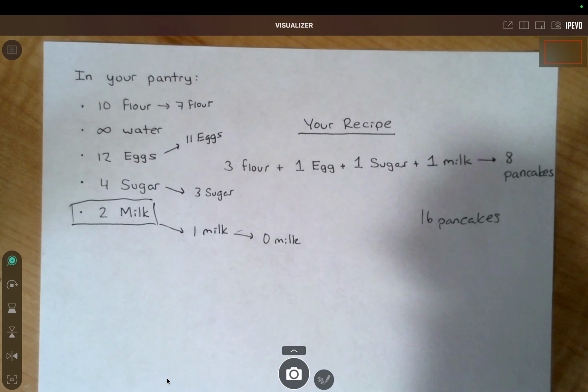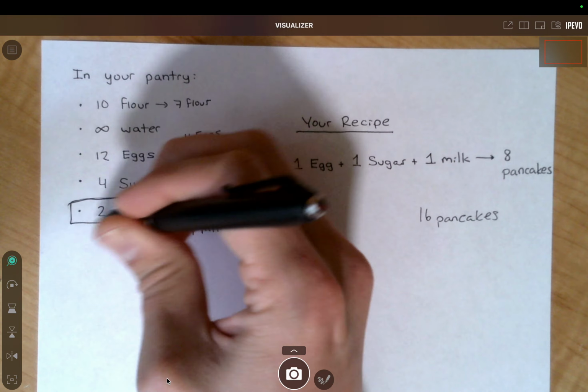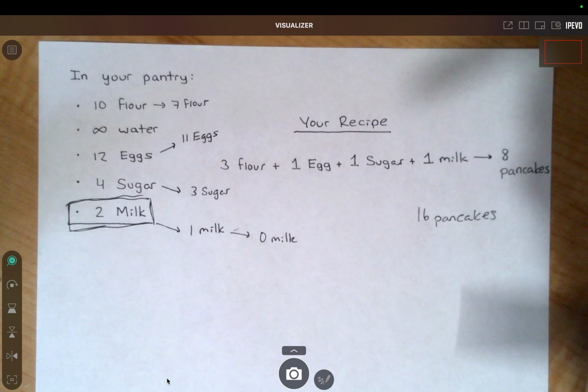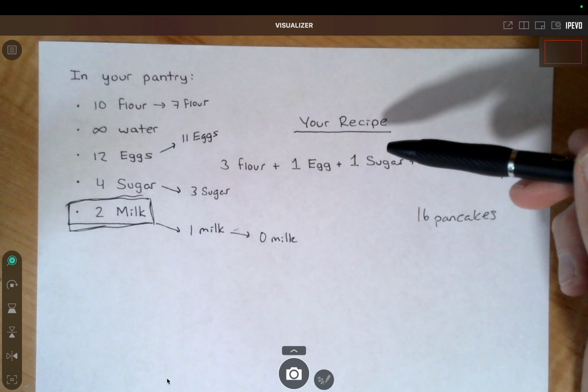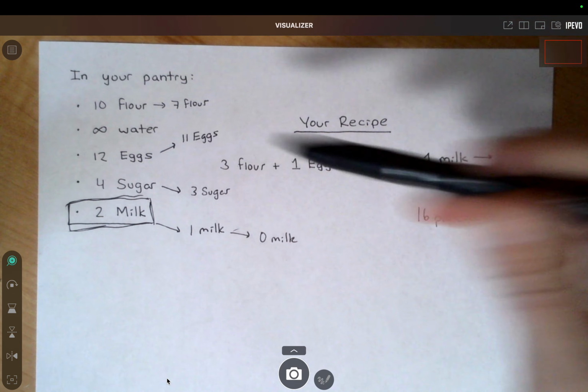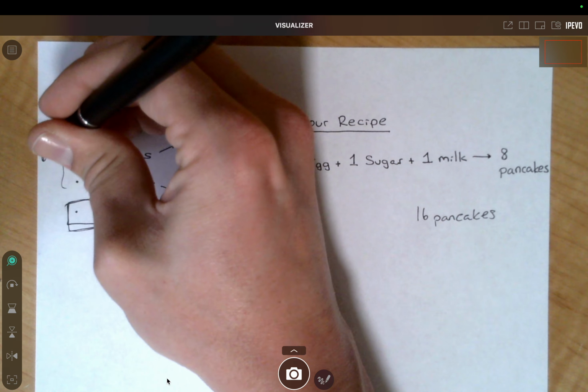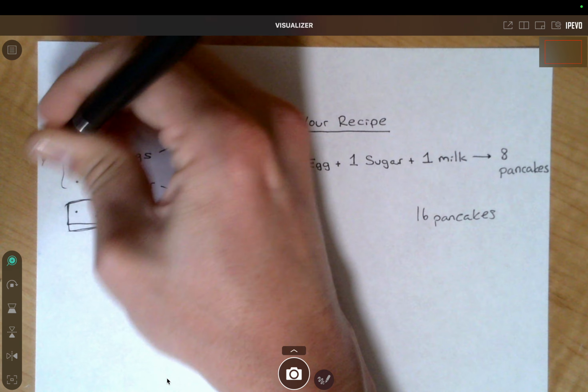Now, in this silly scenario, milk is what we call the limiting reagent, which is exactly what it sounds like. It is one of our reactants that will run out first. Everything else is what we call an excess reagent. So these are in excess. They will not run out.